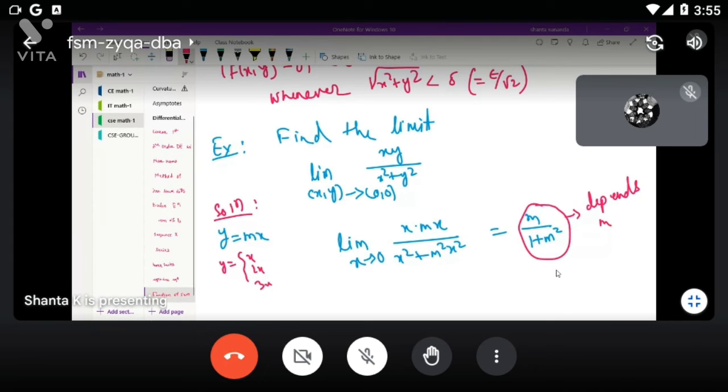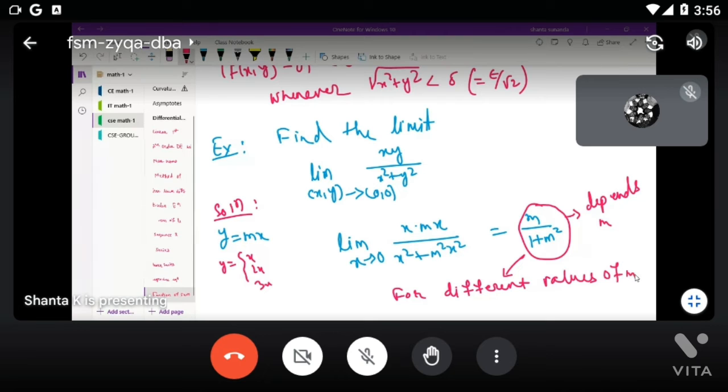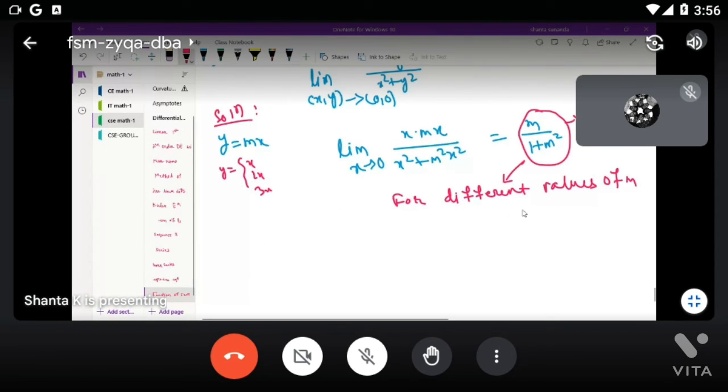M is a very general value. It can be 1, 2, 3, half, 0.2, 0.3. So for different values of m, that means along different paths, we get different limiting values. M can be 1, 2, 3.